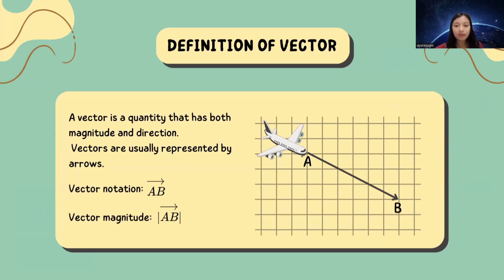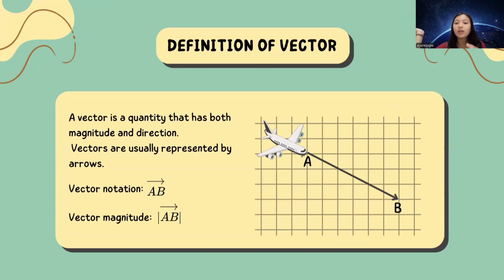Now, let's talk about the definition of a vector. A vector is a quantity that has both magnitude and direction. Magnitude means size or value, while direction means where the object moves. For example, if I say I walk 5 meters, that is not complete because there is no direction. But if I say I walk 5 meters to the east, that is a vector. Vectors are usually represented by arrows.